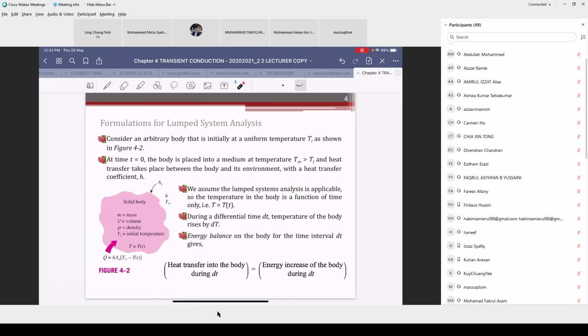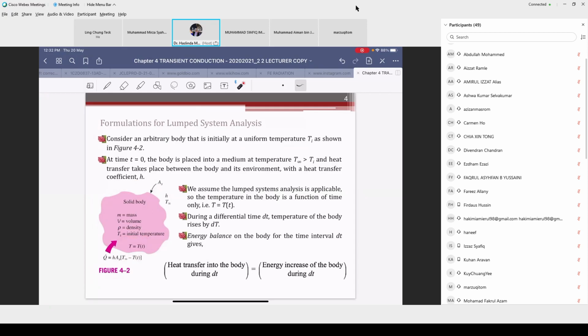Now let us read this before we conclude the equation. Consider a body that is initially at a uniform temperature Ti. So the temperature inside the body is Ti, the initial temperature.